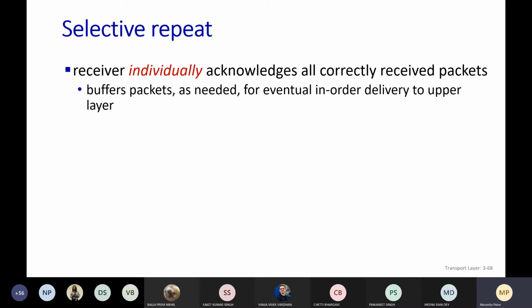Correctly received here means that the packet is fine, there's no error in that packet. If a packet is correctly received, then the receiver will receive it, even if it is out of order. How? It will simply keep it in a buffer, so that once all the packets which are in sequence are received at the buffer, they will be sent to the above layer, that is the application layer.